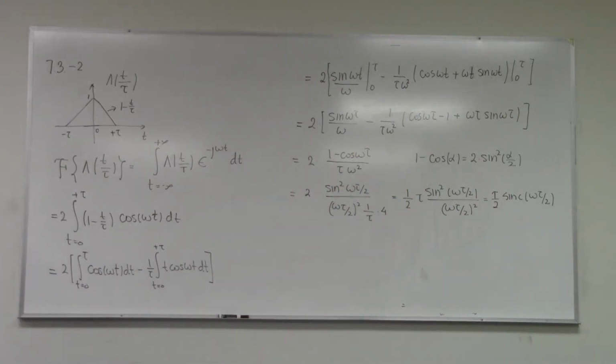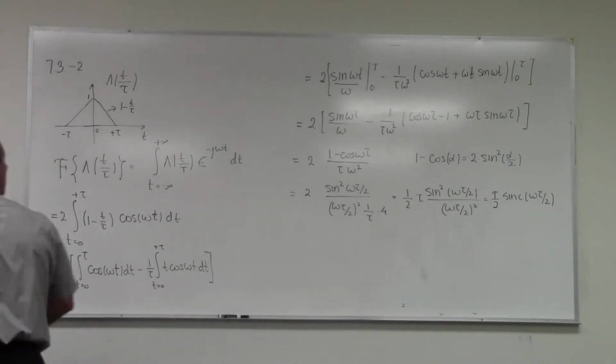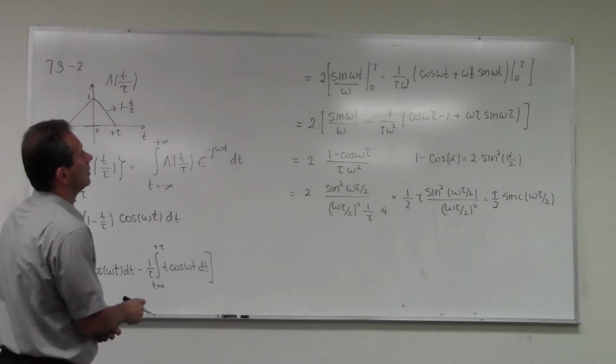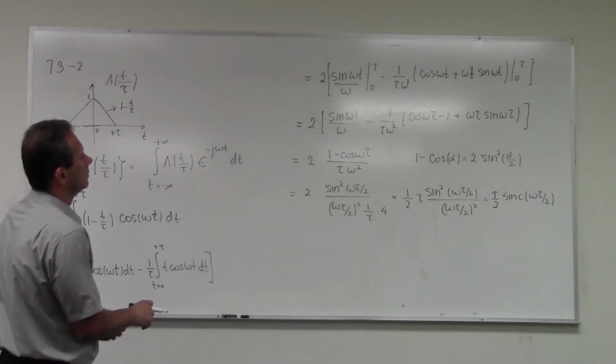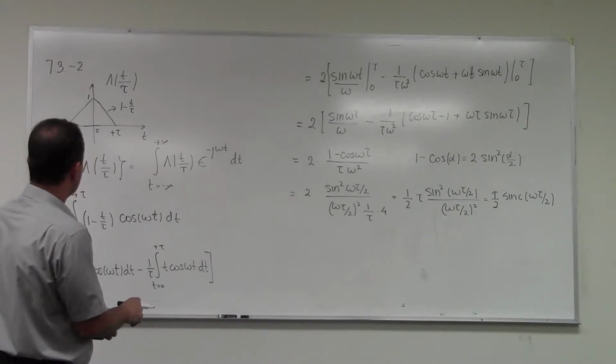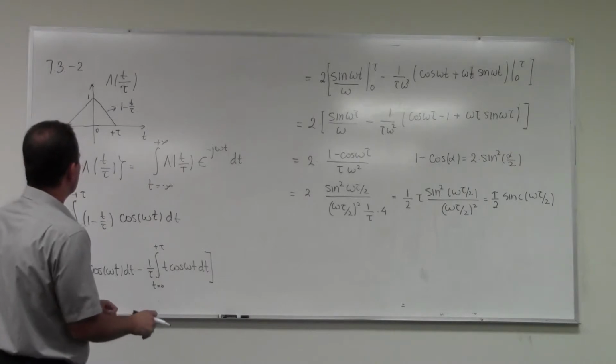I see this is different than what's in the table. No, it's the same, except that they have omega tau over 4. Why would they have over 4? I think it cannot be over 4.